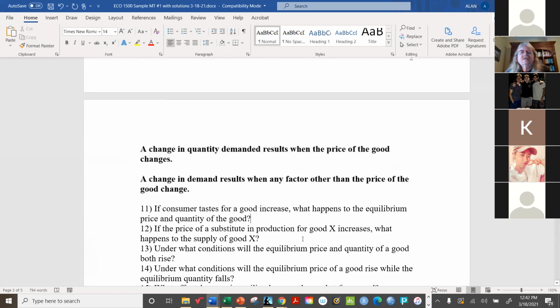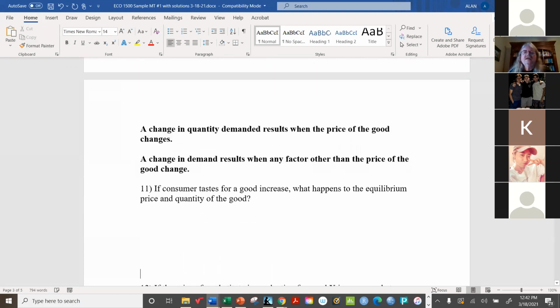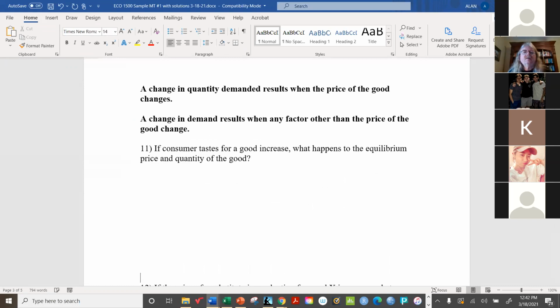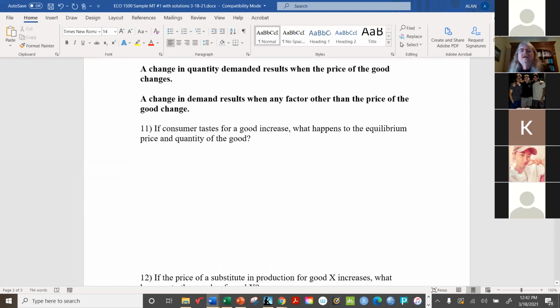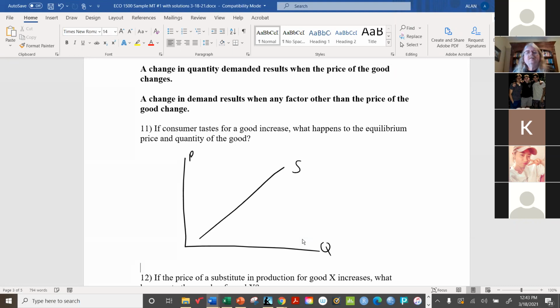Now, if consumer tastes for a good increase, what happens to the equilibrium price and quantity? If you're not sure, what you should do is draw a picture. You might recall from the slides that if the tastes increase, then people want to buy more of the product. So imagine that this is the market for avocados.